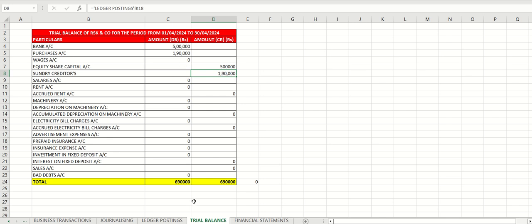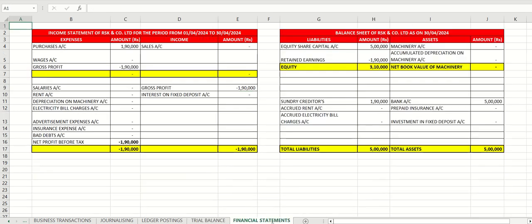The trial balance should match up. There shouldn't be any discrepancy or difference between debits and credits, as we have been following the double entry system of bookkeeping. And let's move to the financial statement. The purchases would get adjusted to the extent of the returns, so it got reduced by 10K.